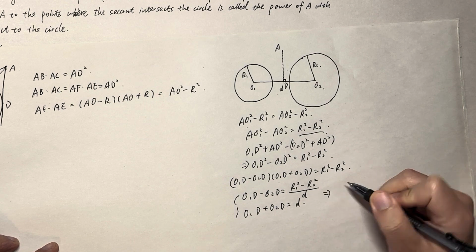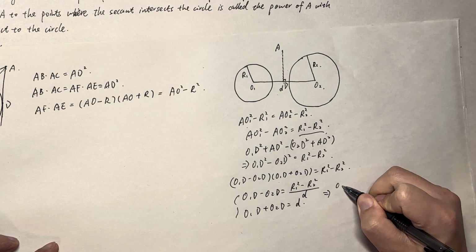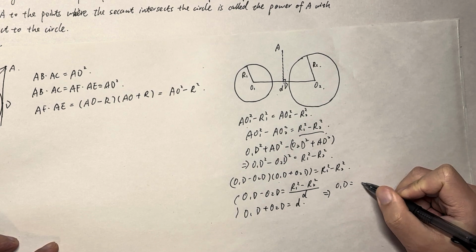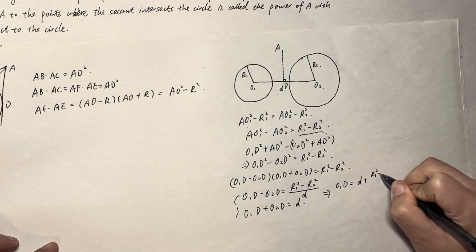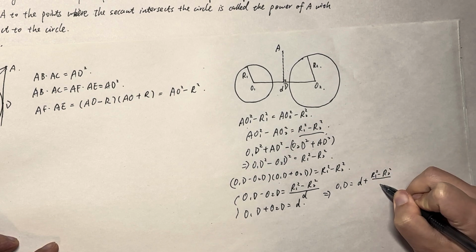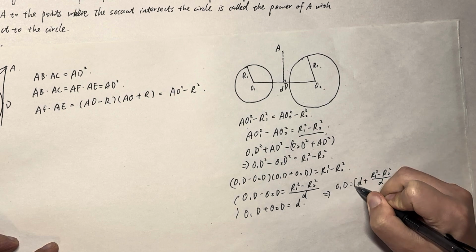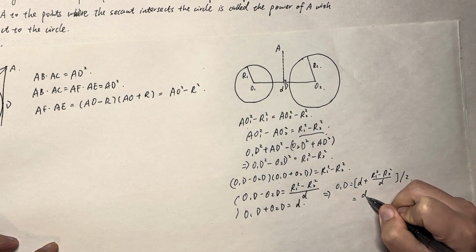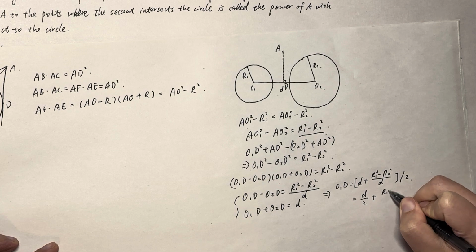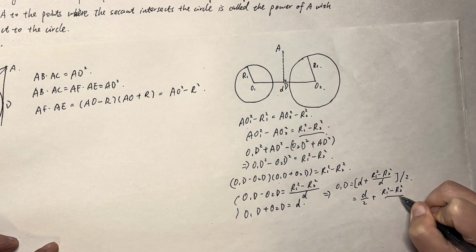So we got O1D equals d plus R1 squared minus R2 squared divided by d, all divided by 2, right? So it equals d by 2 plus R1 squared minus R2 squared divided by 2d.